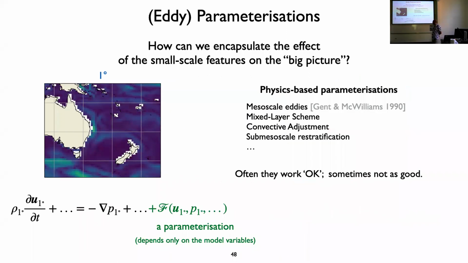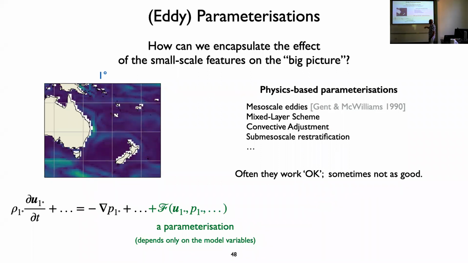And there are a lot of this kind of parameterizations that are based on physics or physical intuition that has been developed over the years, or based on conceptual models that I was talking to you about. There's the very well-known mesoscale eddy parameterization by Gent and McWilliams. This is the most cited paper in oceanography.